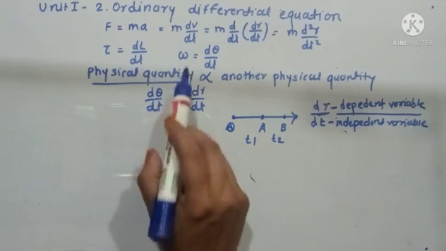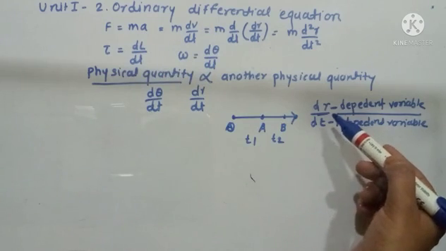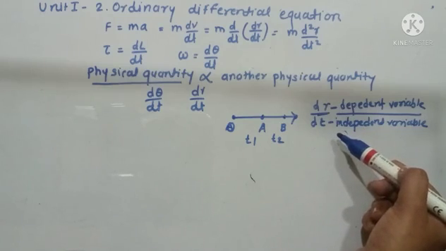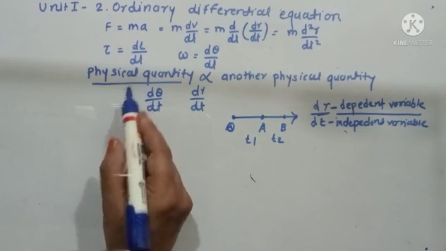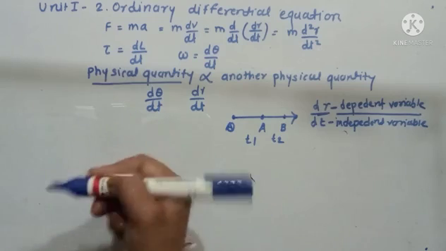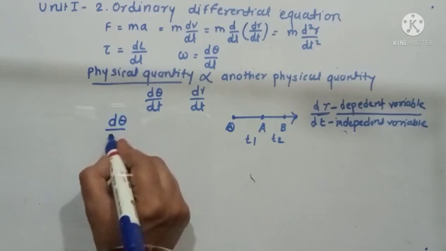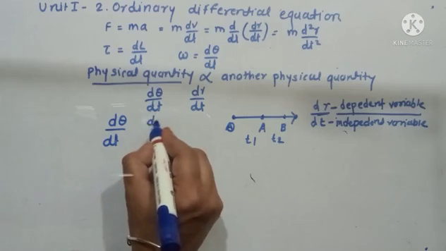So I can say that the ordinary differential equation is a relation between the dependent variable and independent variable, which means that the physical quantity which is dependent on another physical quantity is written as dθ/dt or dr/dt or dv/dt.